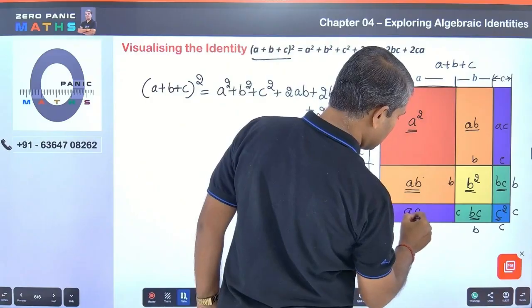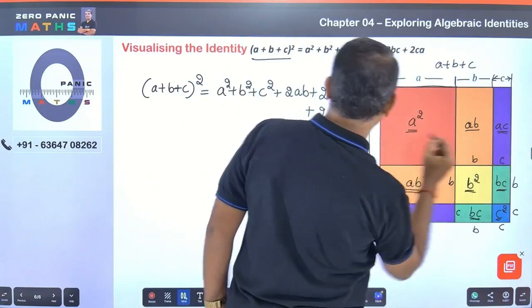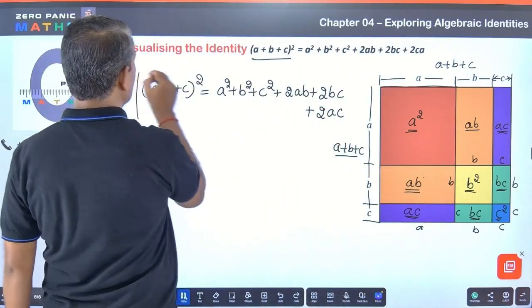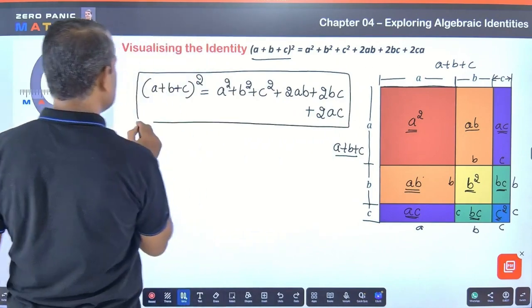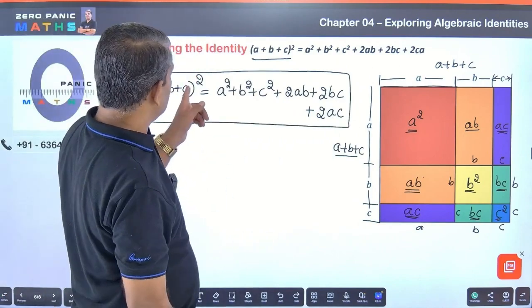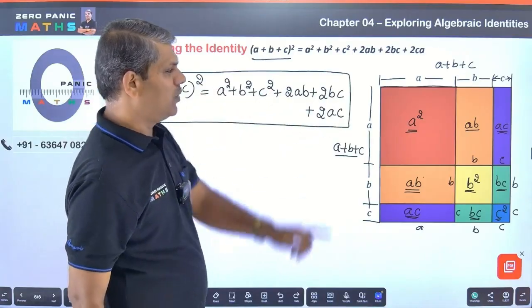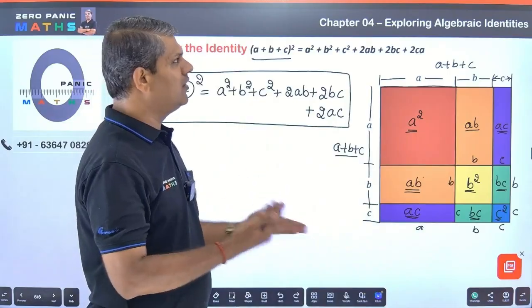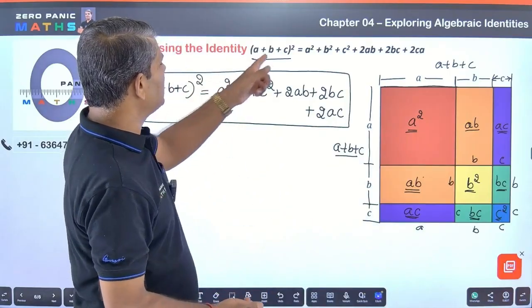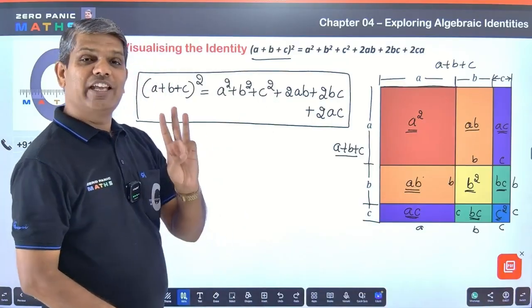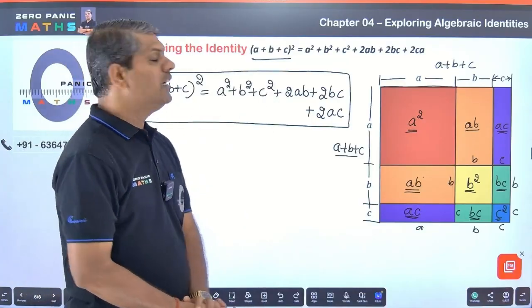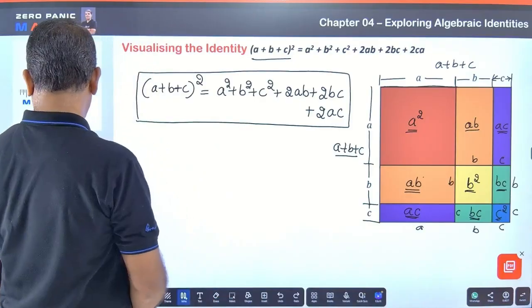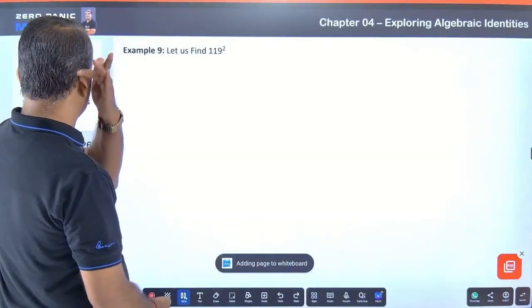You can see the dark blue color, it is ac, that is 2 times ac, and this is how we got this identity for (a plus b plus c) whole square. This is how you can visualize the identity, the square of the sum of three variables. Understood, right?